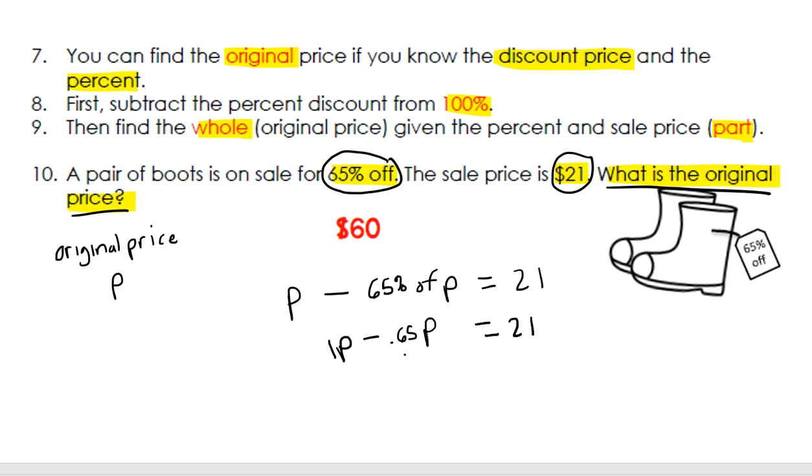This is 1P, this is a negative 0.65P, and so that gives us 0.35P equal to 21. So if we want to solve for P, we divide by 0.35 on both sides, and if you take 21 and divide by 0.35, you get 60.